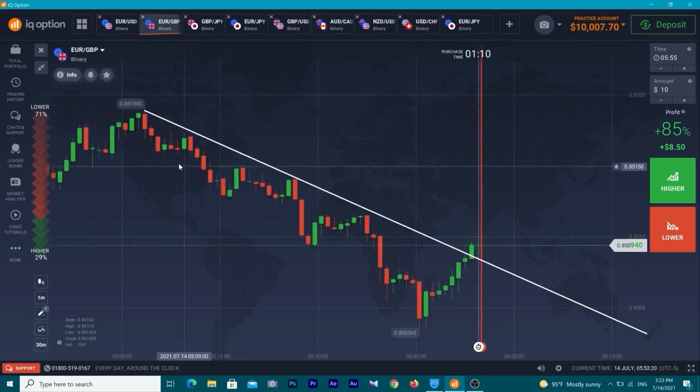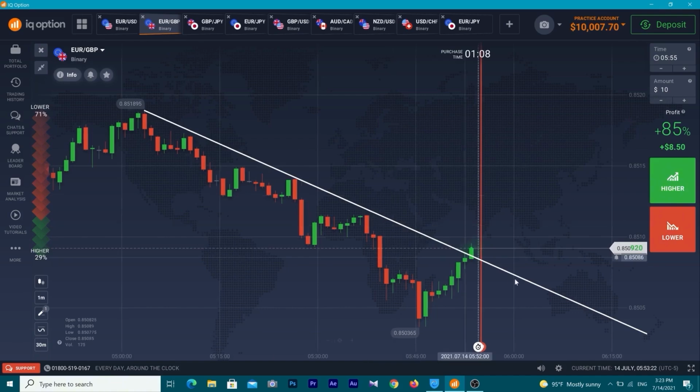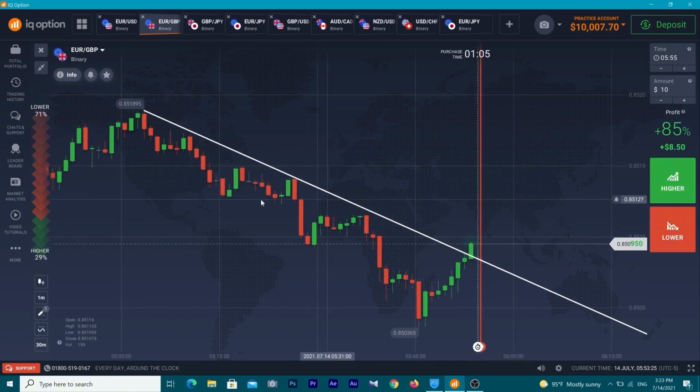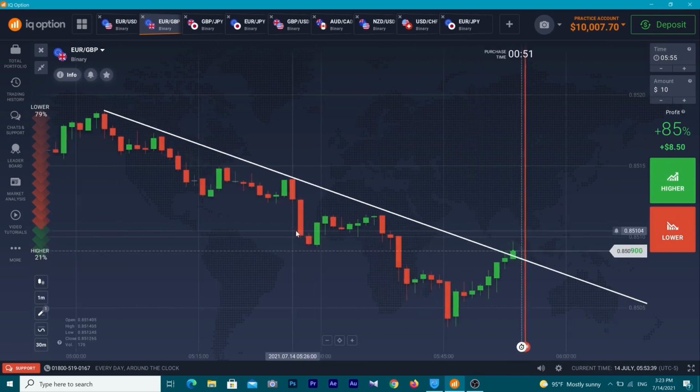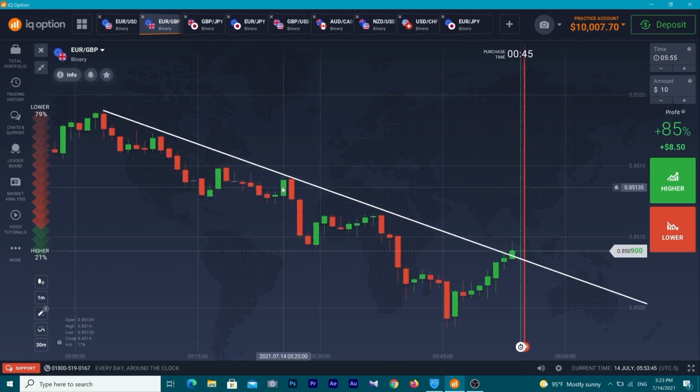Alright friends, as you can see on this chart, we have a descending trend line that has had several touches. Each time the candles reach this line, they reverse. But here we can see that this line has almost been broken. The candle hasn't fully closed yet, but I wanted to point out this important note. That's why I mentioned, when a green candle reaches this line, we wait for the next candle to form.